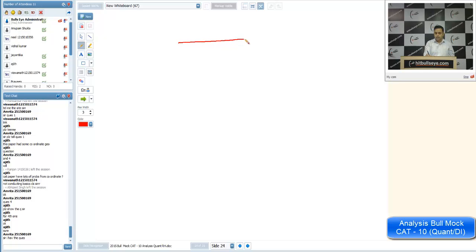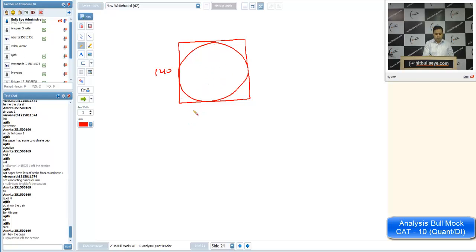So there is a circle inscribed in the square. So the radius of this circle will be 70. Its area, the area of the first circle, will be equal to pi into 70 square.